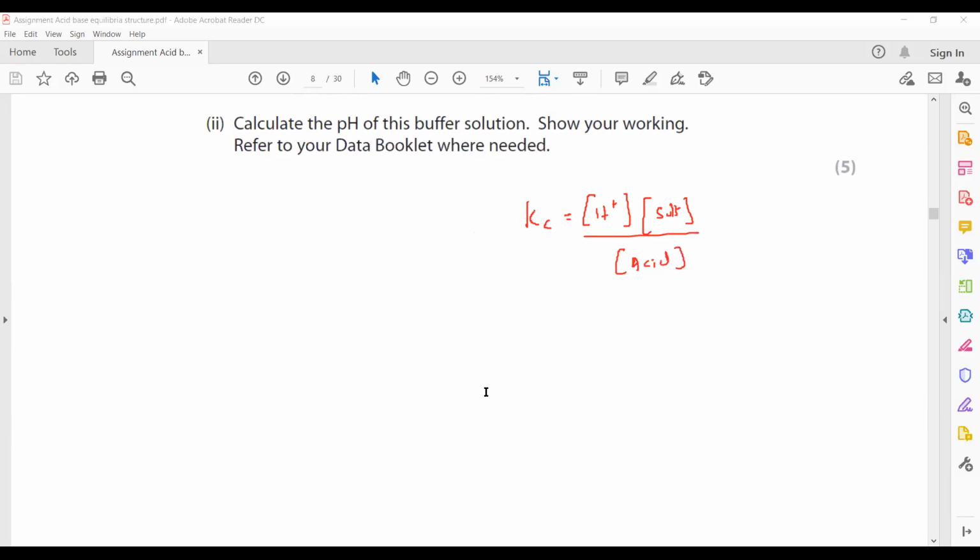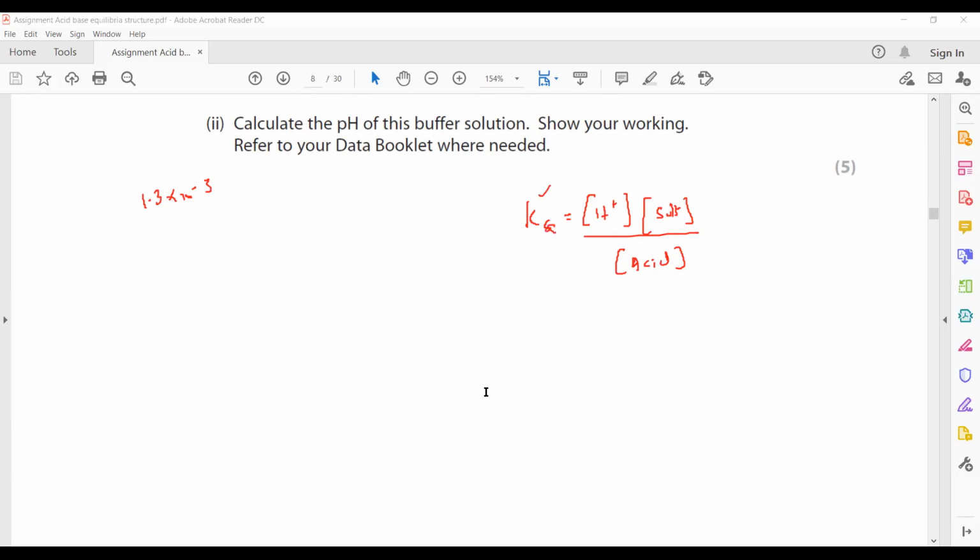Because it is propanoic acid, we'll use the dissociation constant of propanoic acid. Already I mentioned in the beginning, when comparing propanoic acid with ethanoic acid, propanoic acid has a Ka of 1.3 × 10^-5. This is from the data booklet, you don't have to memorize it.